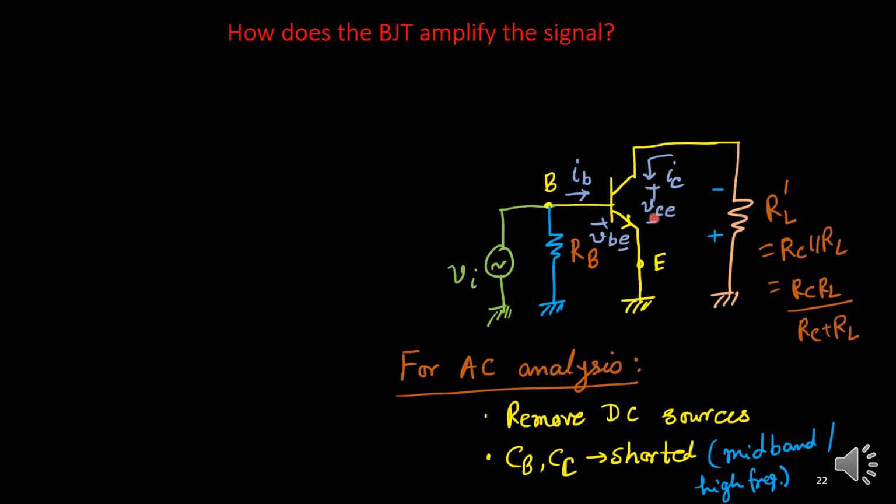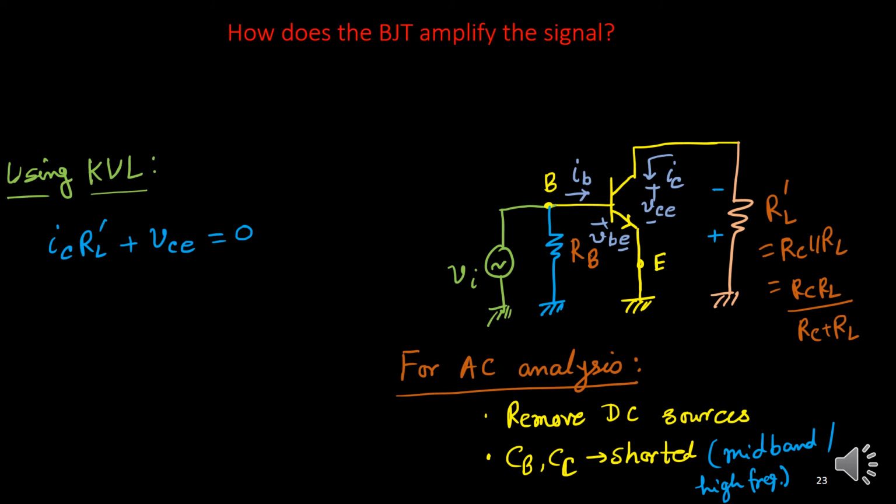There is no source connected in this loop, so the total of these two voltages should equal 0. So the KVL equation is IC times RL dash, or RL prime, plus small VCE equals 0. Right? This is a very important thing. Now we can correlate this with our previous circuit, total current IC and total VCE. Then only will we feel better.